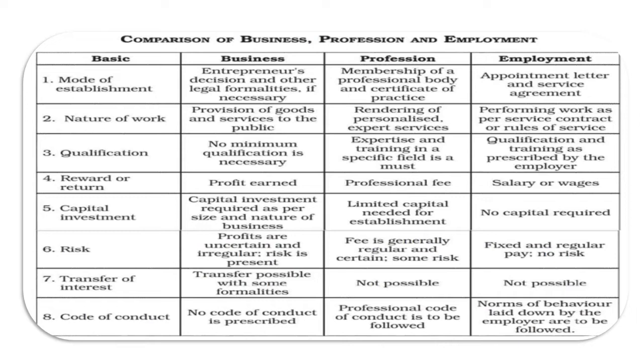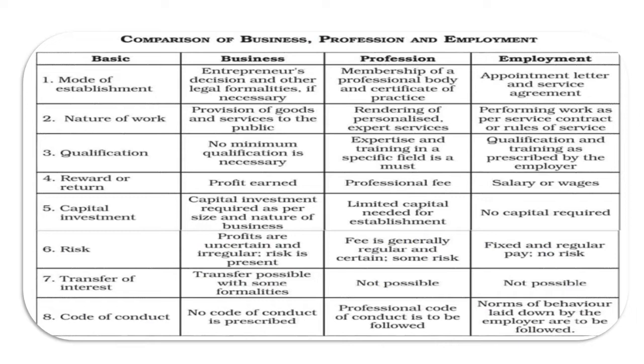Second one, nature of work. Business means provision of goods and services to the public. Profession means you are rendering personalized expert service, okay? Employment means you are performing as per the rules and regulations set by the organization. Then qualification. For running or starting a business firm, no minimum qualification is required.